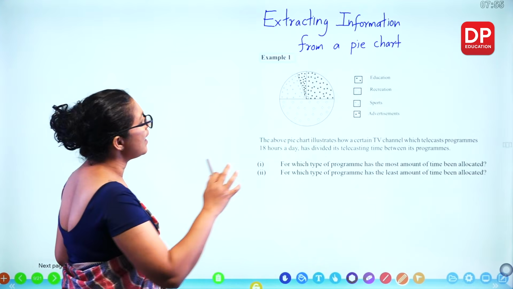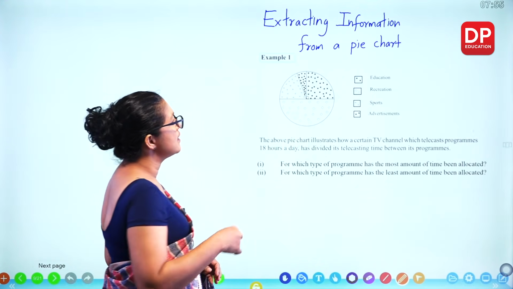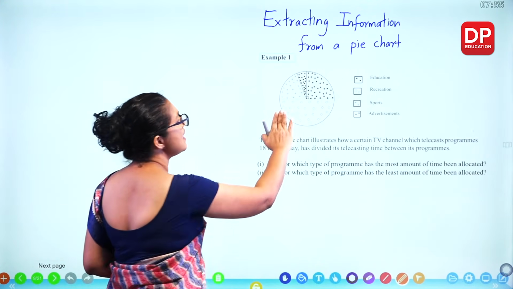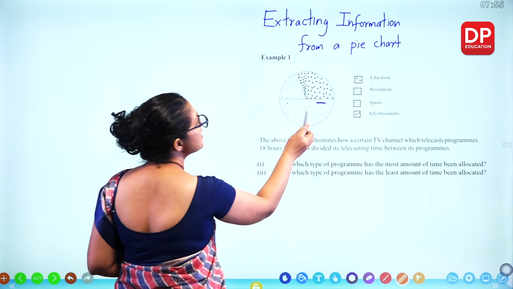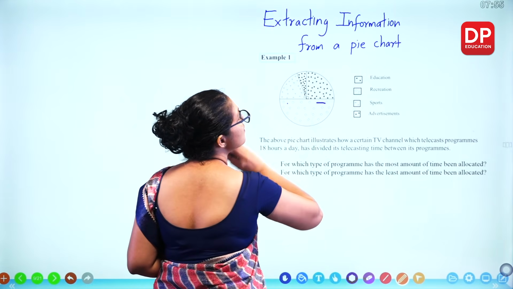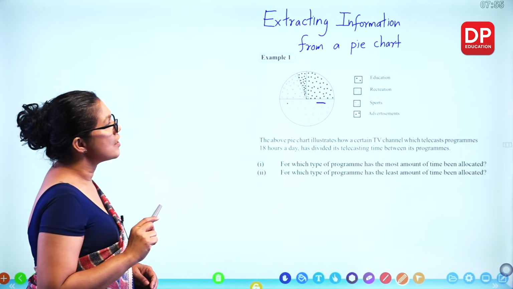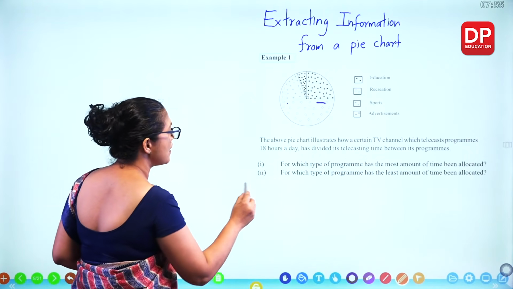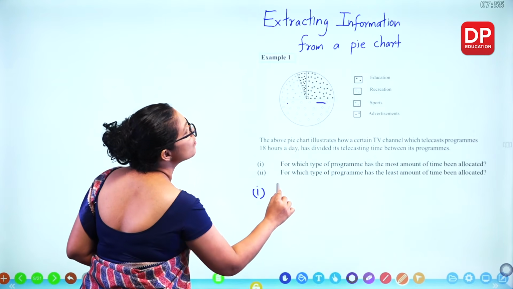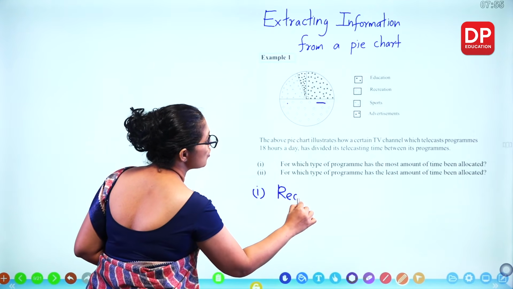So when you look at the pie chart, at once we can see this is the largest, whatever the channel type. So what's the category? That's recreation. So for the first one, you can write recreation.